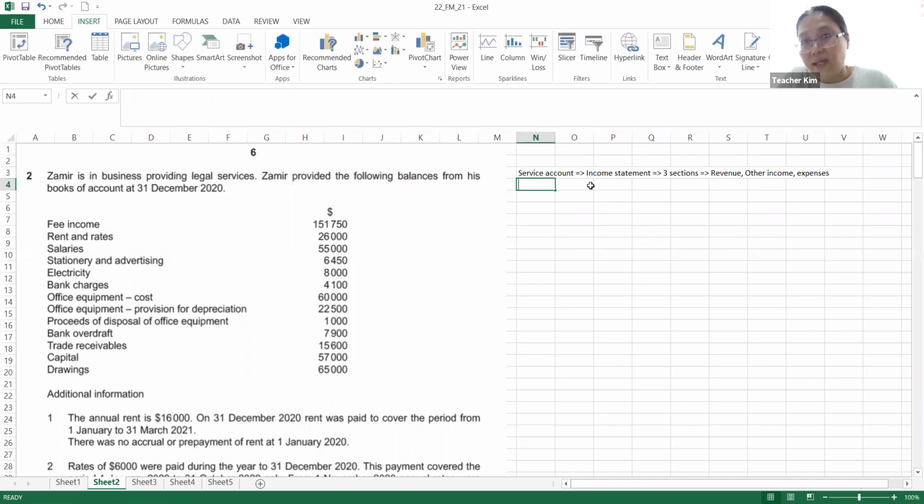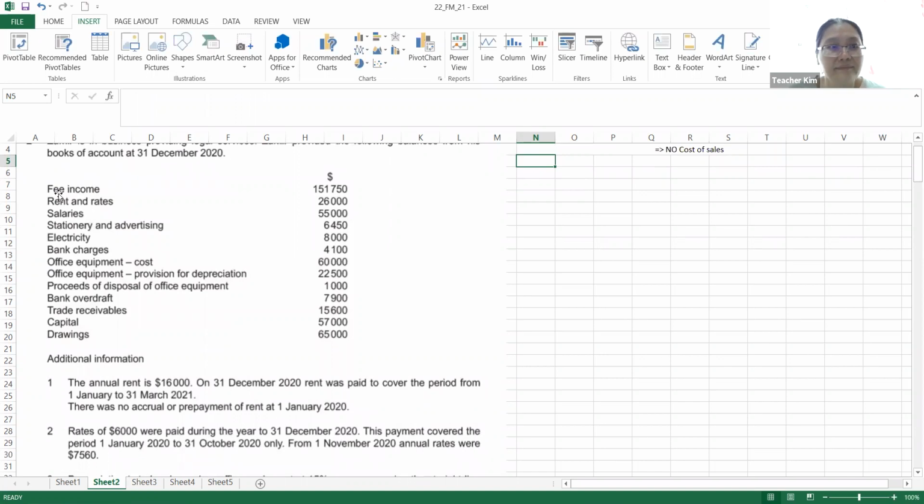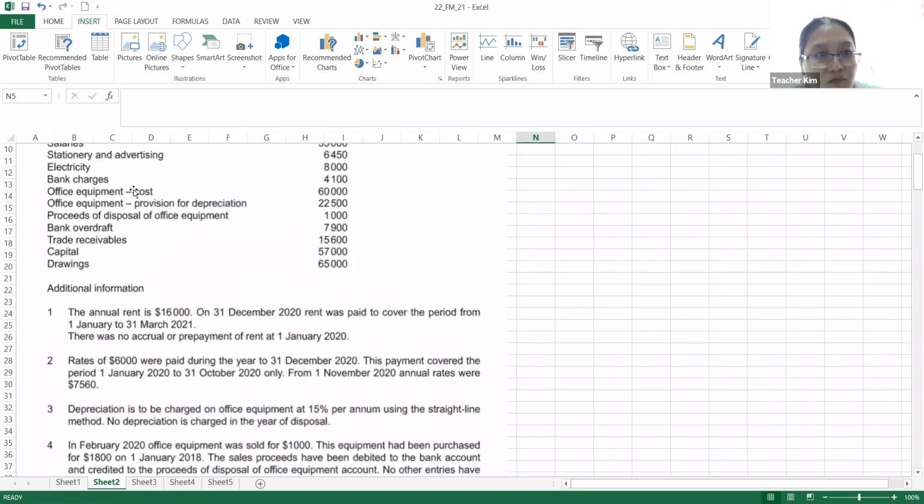So take note that a service account has no cost of sales. Okay, here they have fee. This is the main income. Rent and rates, salary, stationery and advertising, electricity, bank charge. These are all expenses.